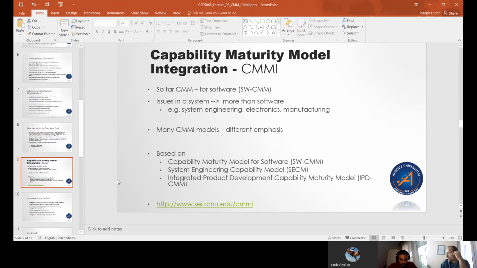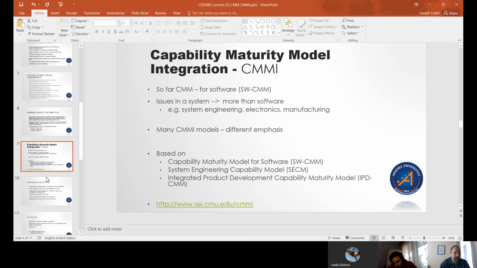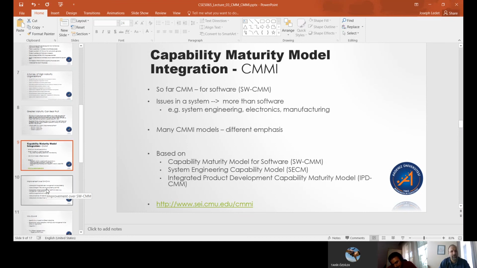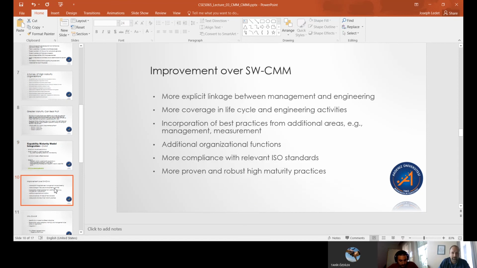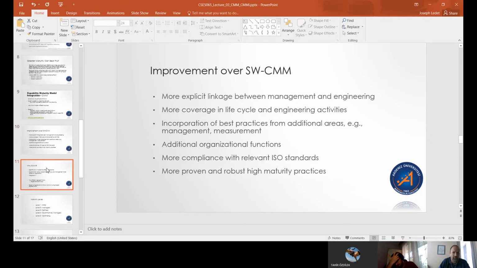And what can happen is that the higher-level quality organizations will know what CMMI level they're at. So if you go for an interview with a company and you ask them what CMMI level they're at and they have no clue, they're probably at a lower level.